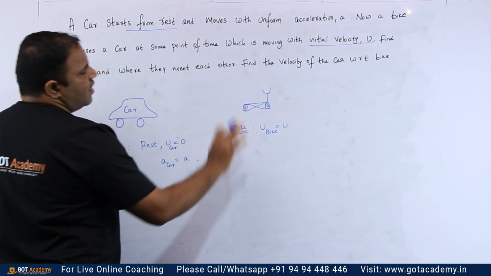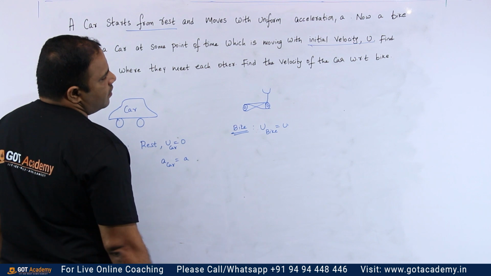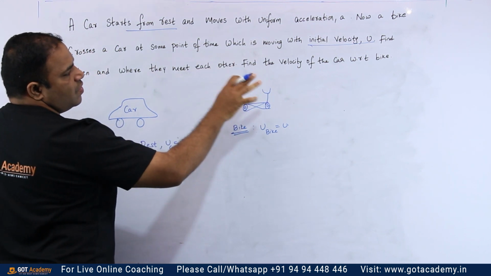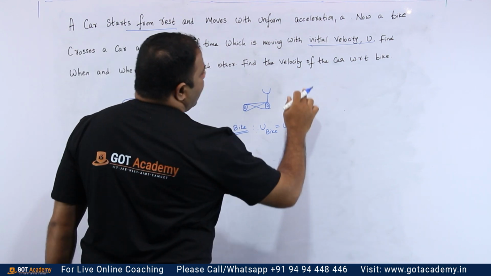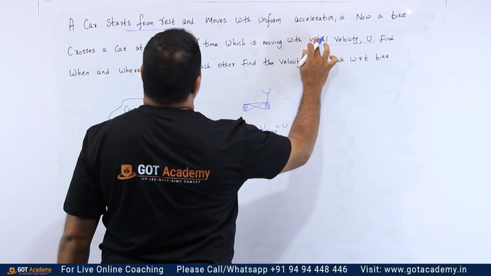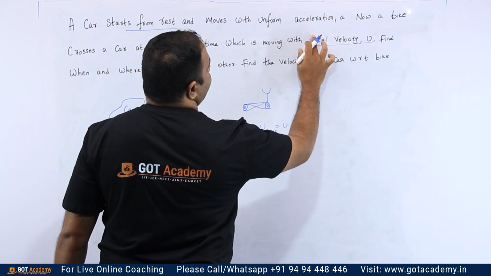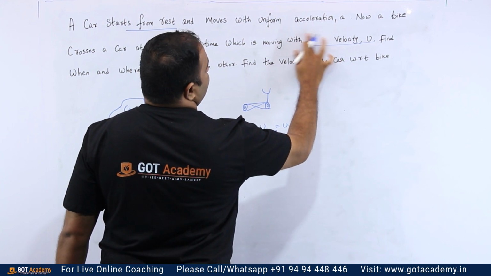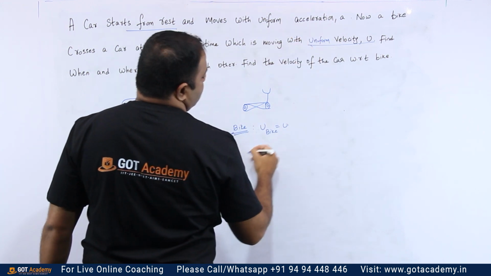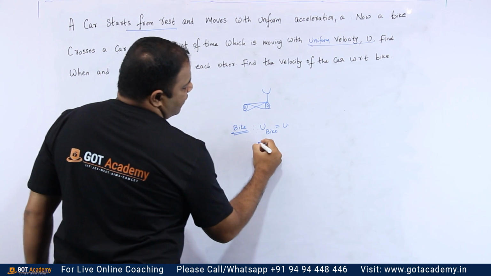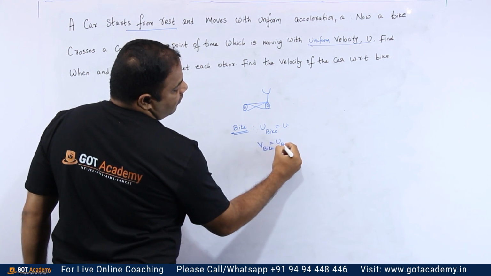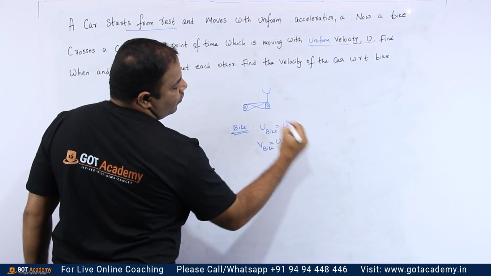It did not mention its acceleration, but we have to say that the bike is moving with a uniform velocity. Uniform velocity means the final velocity of the bike is equal to the initial velocity of the bike, which is equal to u.